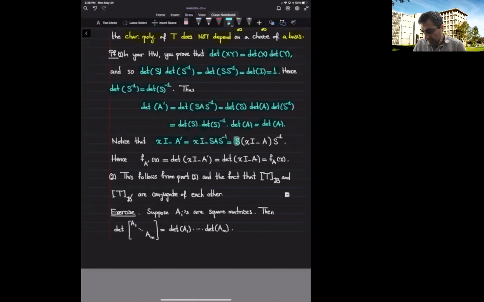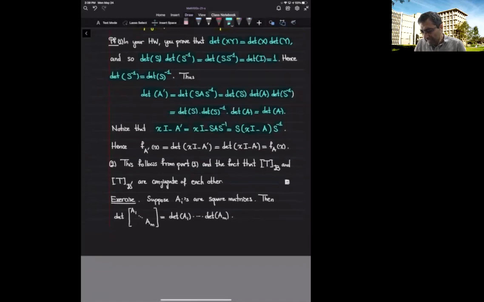And this is the same as S times xI minus A times S inverse. You see, when I use the distributive property, I need to multiply xI by S and S inverse from both sides, but then S xI S inverse is simply xI. Multiplication by a scalar matrix is in the center. I can pull it out, and then S times S inverse is the identity. So the first factor would be just xI, and the second factor is simply the conjugate of A by S.